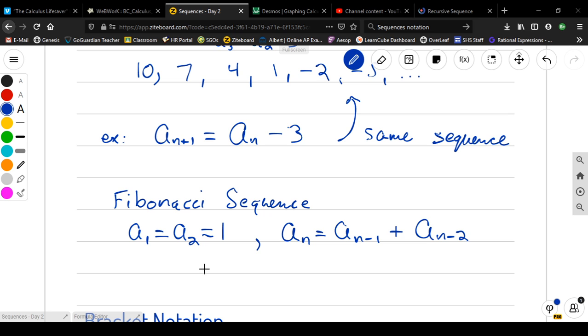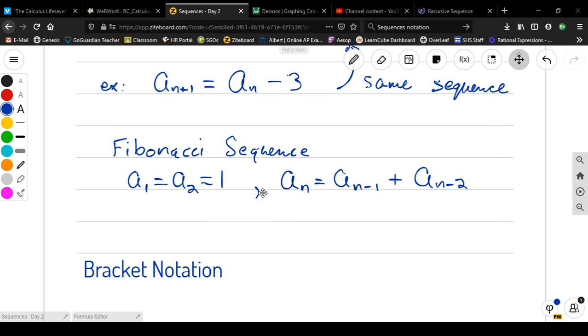Right? So the third term is going to be the sum of a sub 1 and a sub 2. The fourth term is the second term plus the third term, and so on, okay?